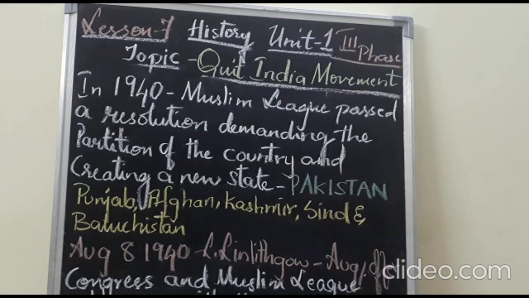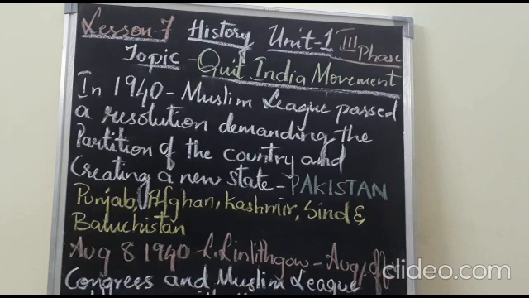No, sadly, neither the Indian National Congress nor the Muslim League accepted the August Offer of 1940. The Indian National Congress rejected the offer as only Dominion status was proposed instead of complete independence.